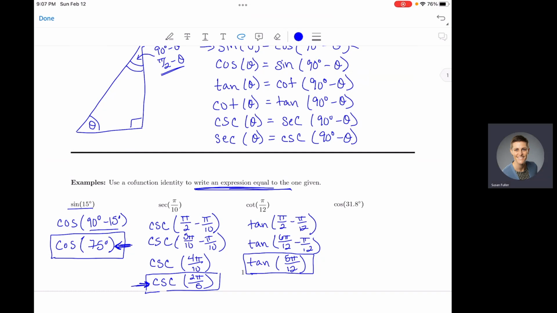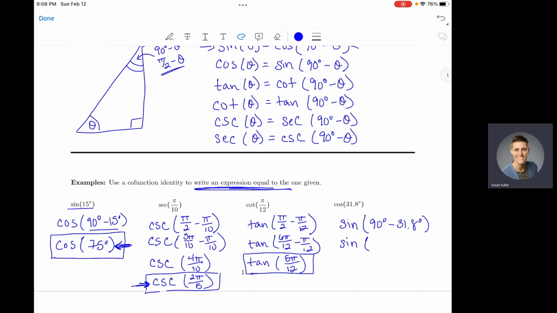And then the last one here, the cosine of 31.8 degrees. This is going to be equal to the sine, because again, cosine and sine switch values. So this is going to be the sine of the other angle in that right triangle. So it's going to be 90 degrees minus 31.8 degrees.